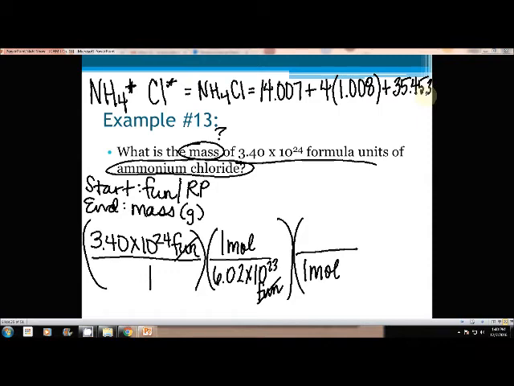Somebody earlier today was like 35, 45, 3. I was like, ooh, that's different. What's the answer for the molar mass? 53.492 grams per mole. We don't round here because molar mass doesn't need to be rounded.